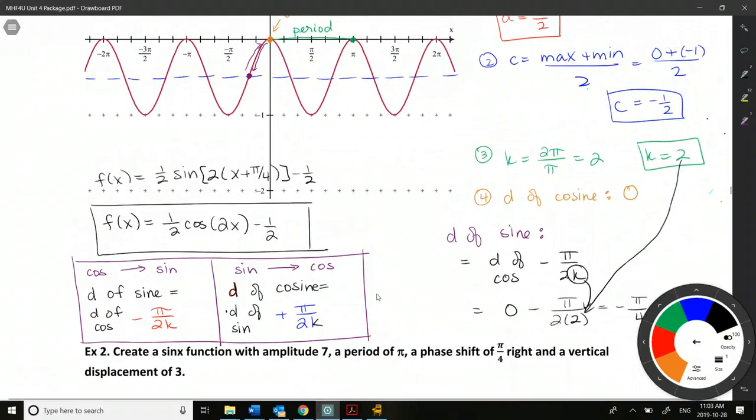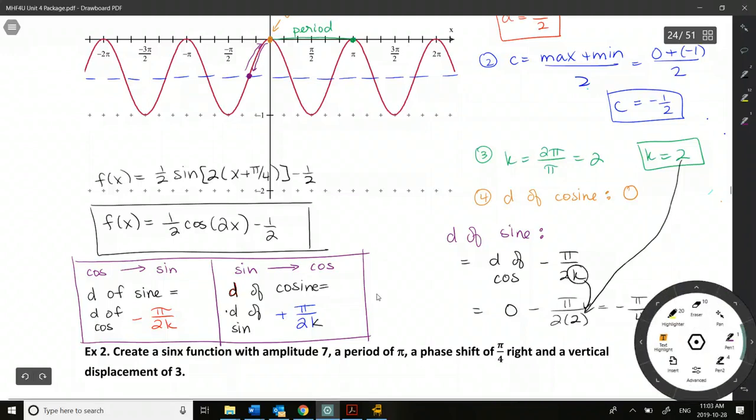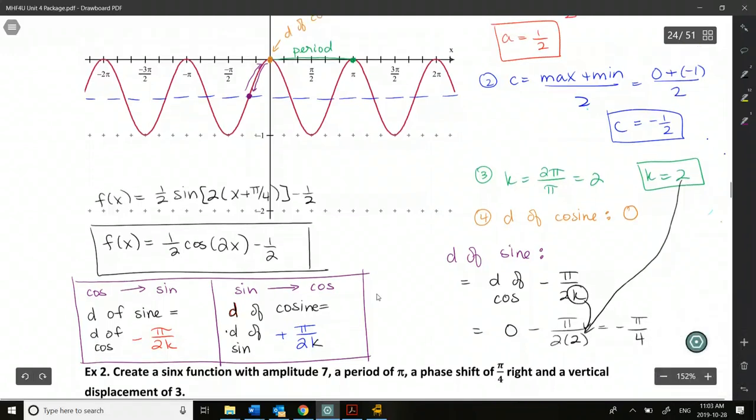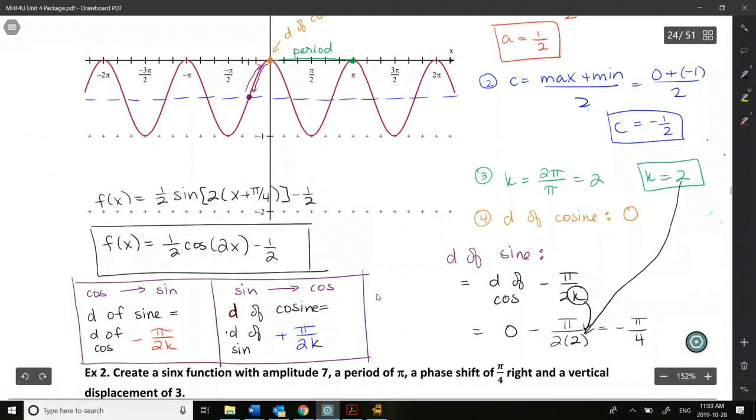Based on my graph here, does it look like my shift could be pi over 4 to the left? Does that look like it's accurate? This location right here? Yes, because this is negative pi over 3, and this is negative pi over 6.